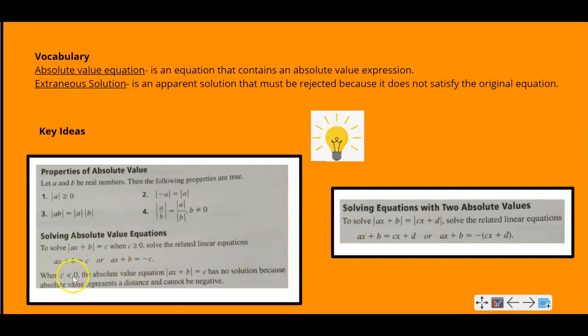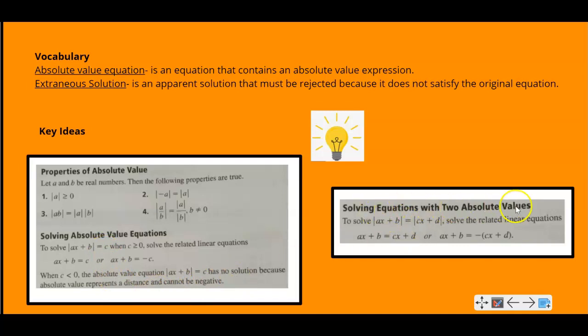If C is less than 0, the absolute value equation has no solution because absolute value represents a distance and cannot be negative, okay? So basically it's saying right here, this has to be greater than or equal to 0. If you have an absolute value equation equal to a negative number, that cannot exist, okay?